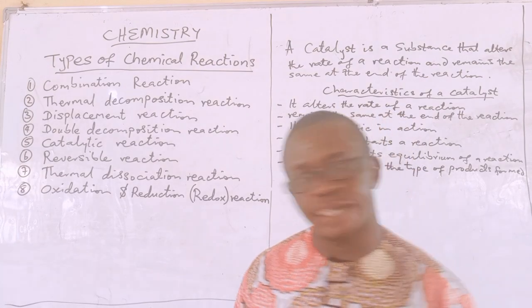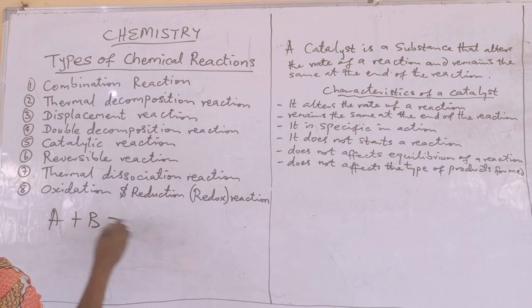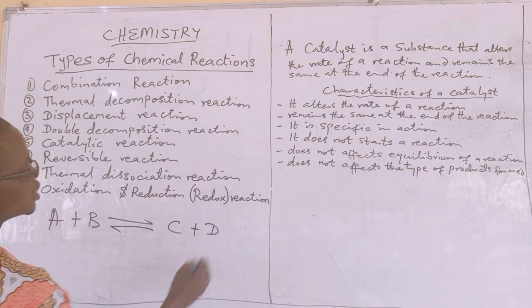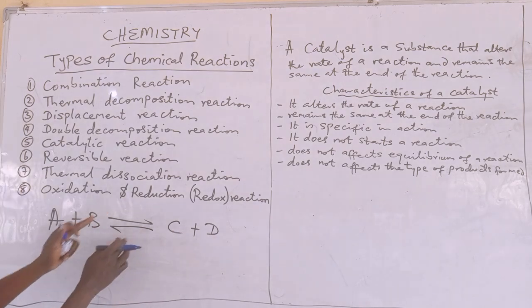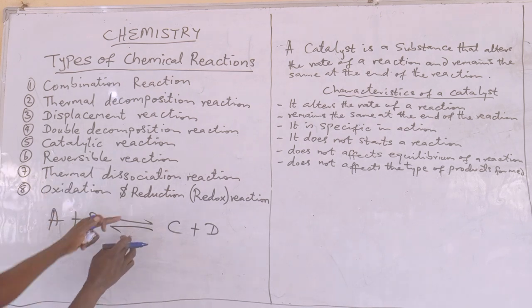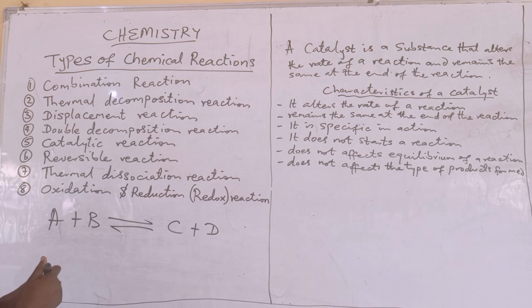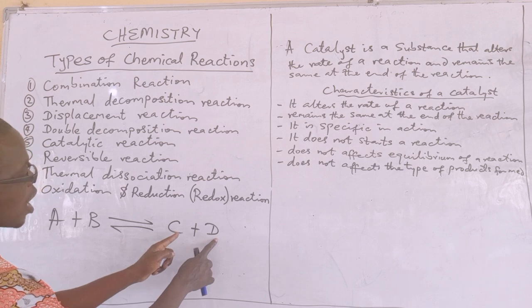Or if I like, I can say A reacts with B to form C and D. If you check my arrows, when we are talking about reversible reaction, we use double-headed arrows. One is facing this side, one is facing this side, meaning that A will react with B to form C and D. That's the forward arrow.